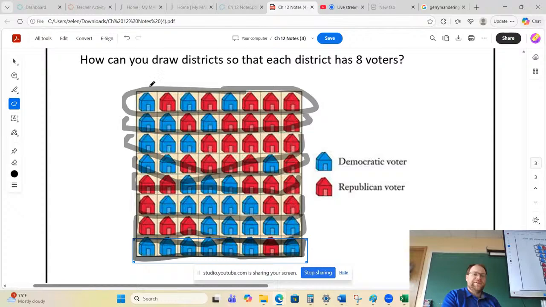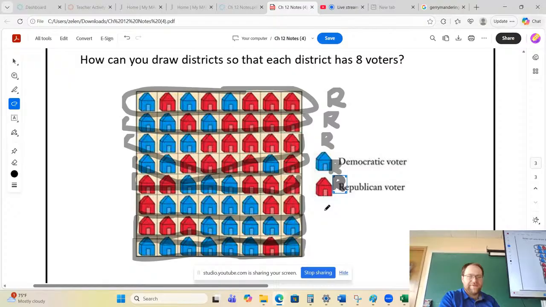Who would win in the top one here? Red. Second one, red. Third one, red. Fourth one, red, fifth one, red, sixth one, Democrats, so blue, then blue, and then blue. So if you draw the districts this way, Republican votes win 5-3 is the idea.